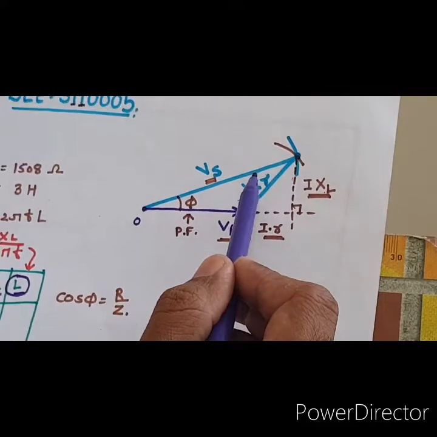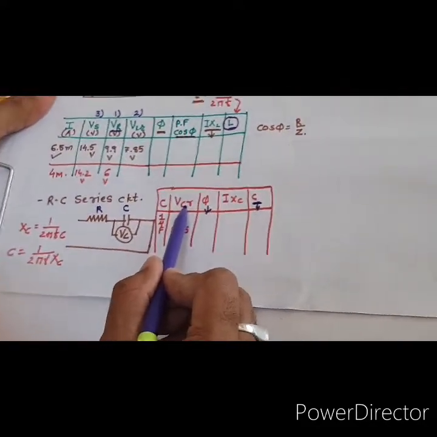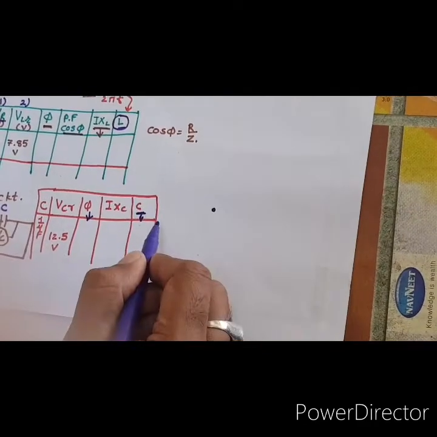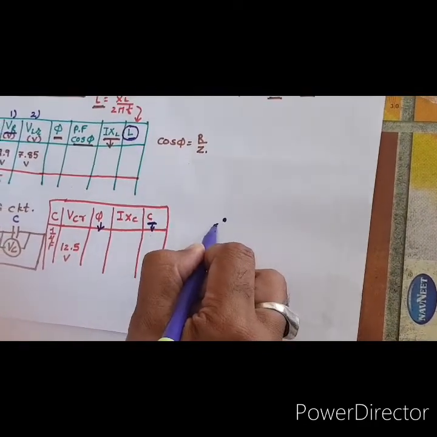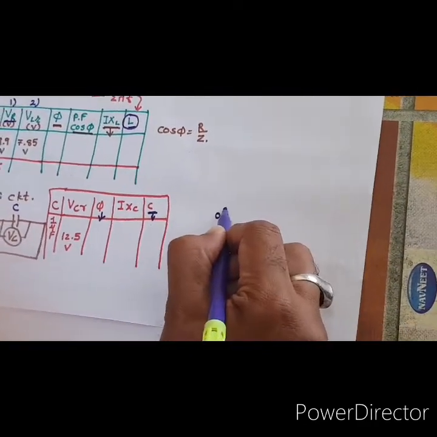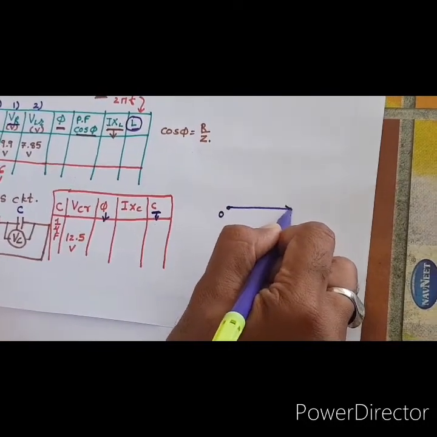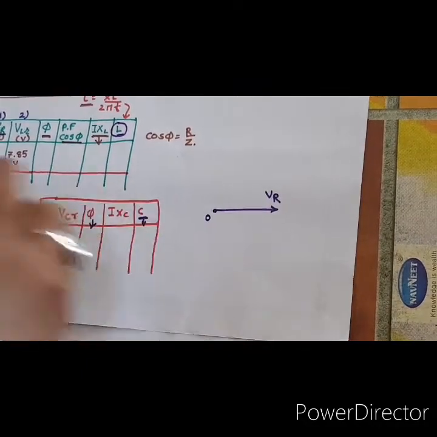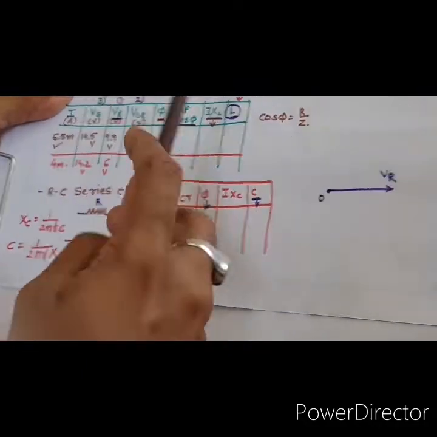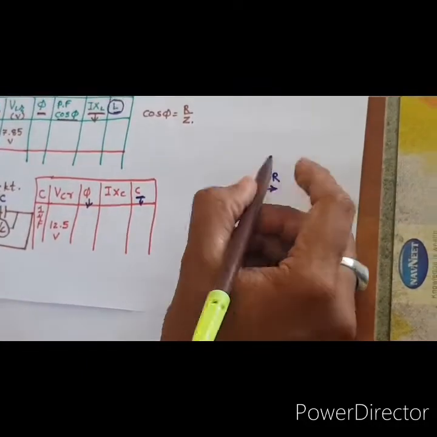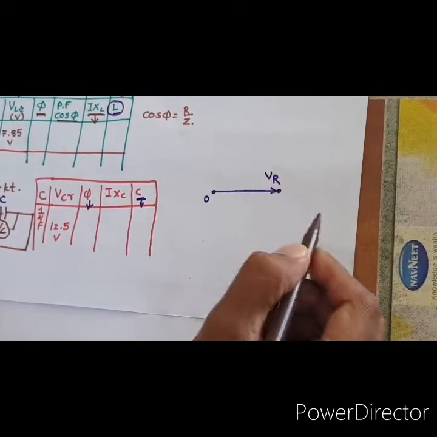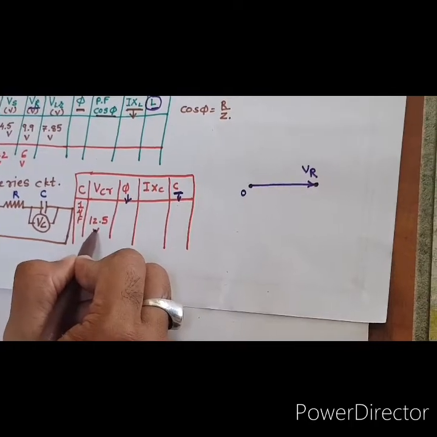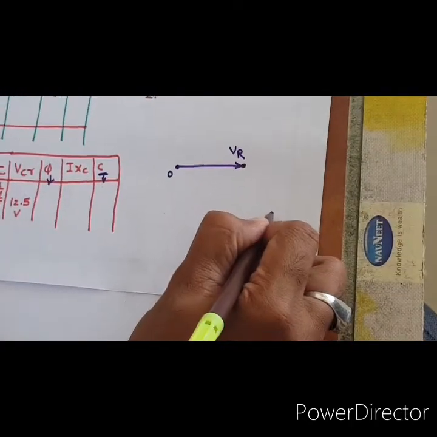The major change in this graphical method with respect to the VLR circuit and this VCR circuit is like this. Here the zero initial point is here, with the same structure for VR. Now we take the arc from this point with the value of VCR, 12.5 in scale form, on the downward side.